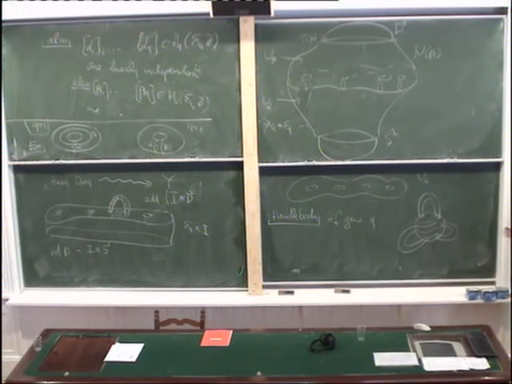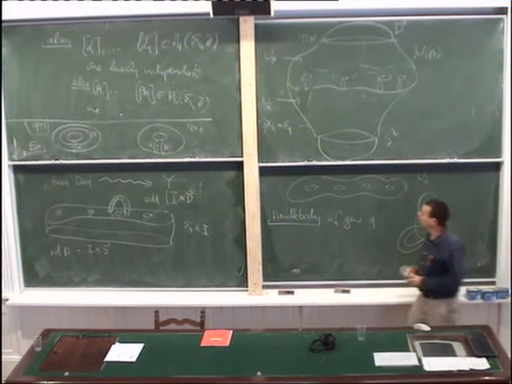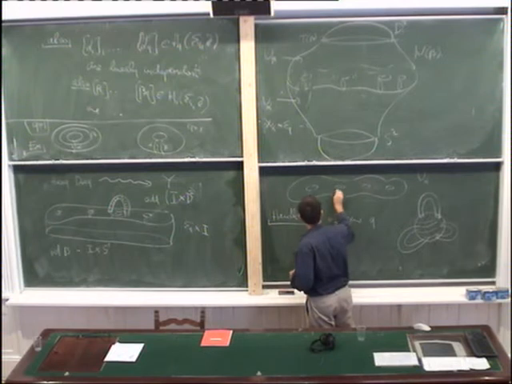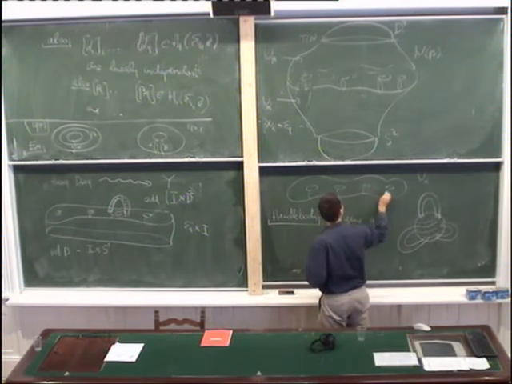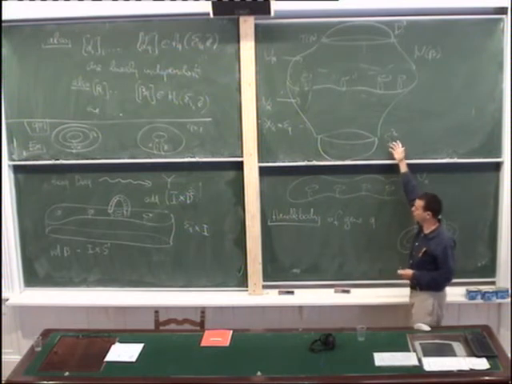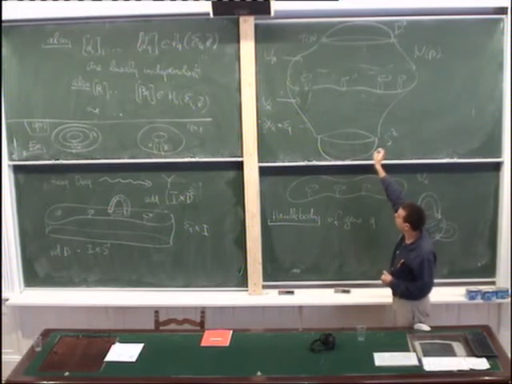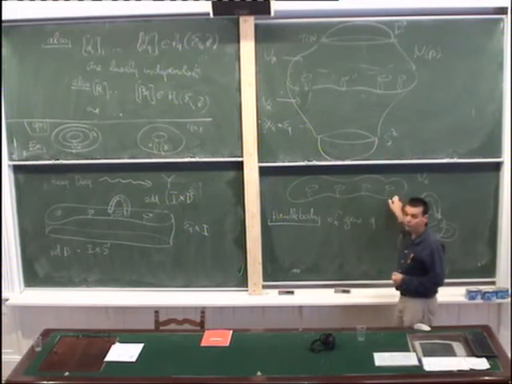And it's easy to see that when you do this operation, you always get a handle body. One way to see that is, well, in general, you have these alpha 1 to alpha g circles, but there is a diffeomorphism from that sigma to this sigma that maps the alpha circles to these standard circles.